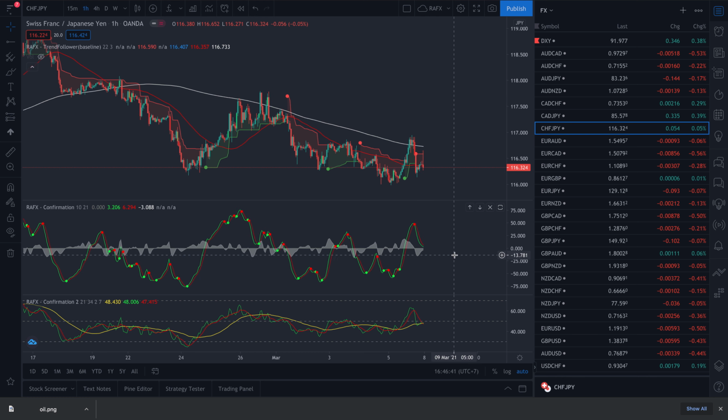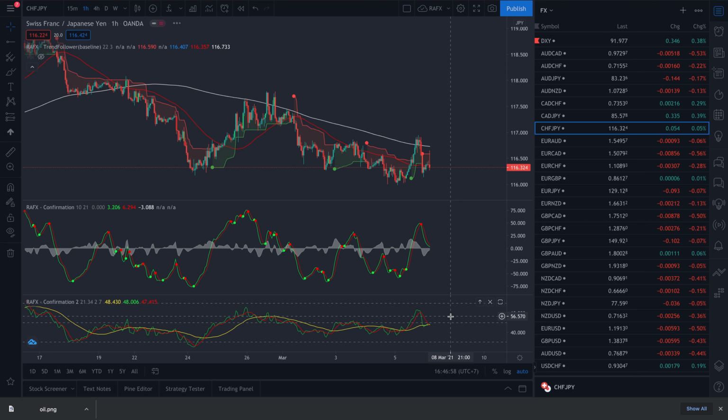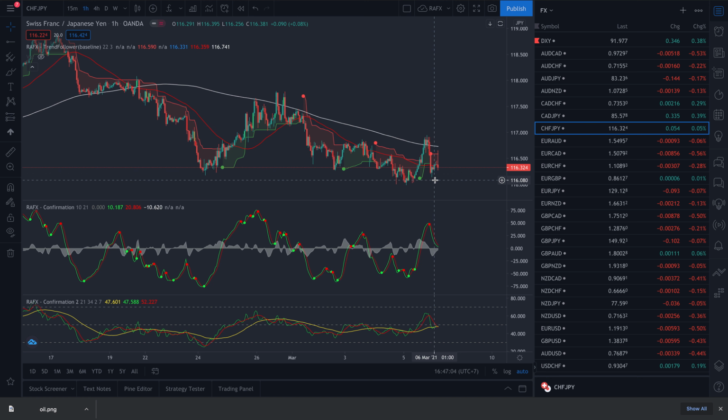The confirmation 1 gives us another buy confirmation, and the confirmation 2 moves up to the buy zone. Then we are going to take the trade. But for now, we don't have any sign that we need to go long for this pair.